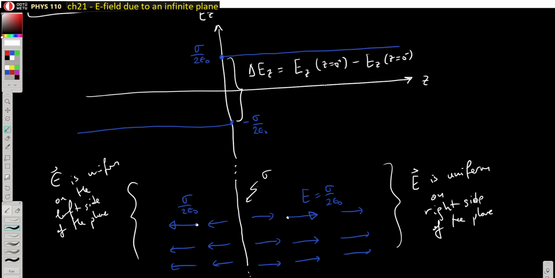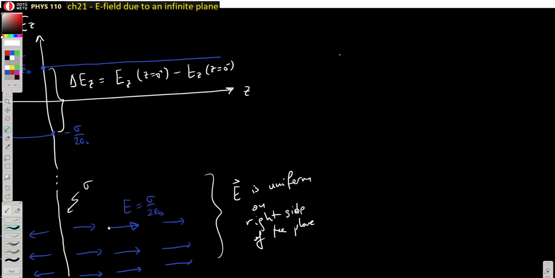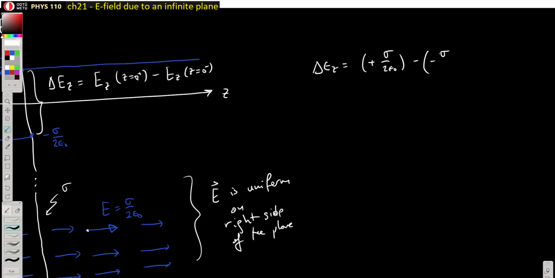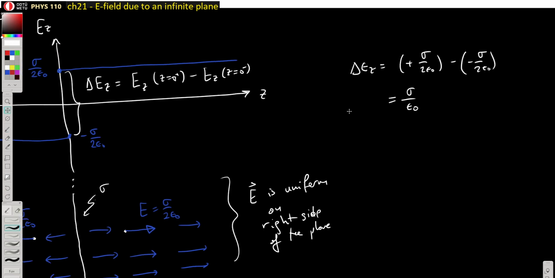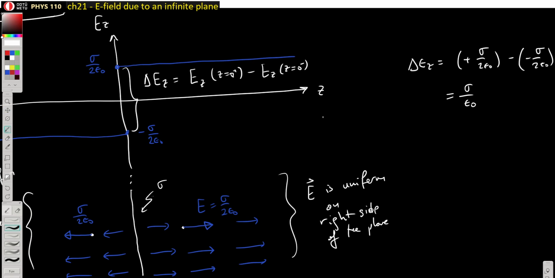Let me do the calculation in here. On the right, the electric field has a positive component, and on the left, it has a negative component. Therefore, the amount of the discontinuity is sigma over epsilon 0. That's something that we have discussed before. For a finite disk, and for an infinite plane too, we have a discontinuity in the electric field with the same magnitude. All right, let me stop here.